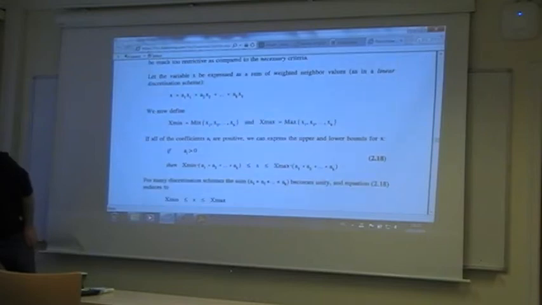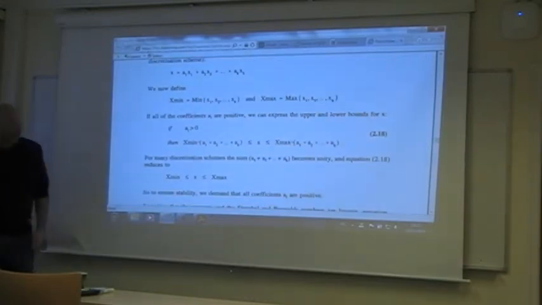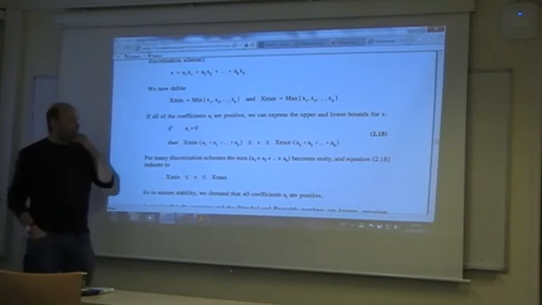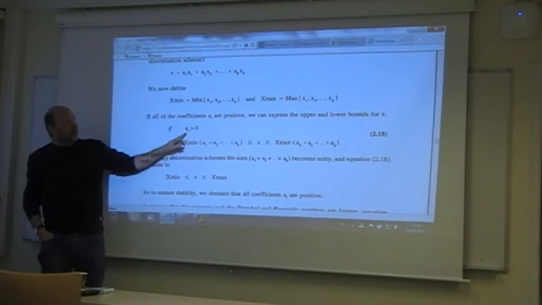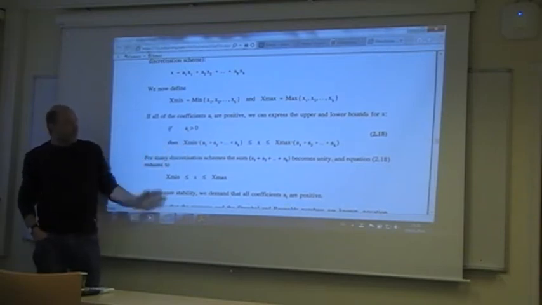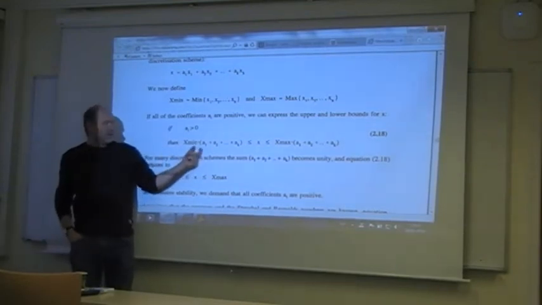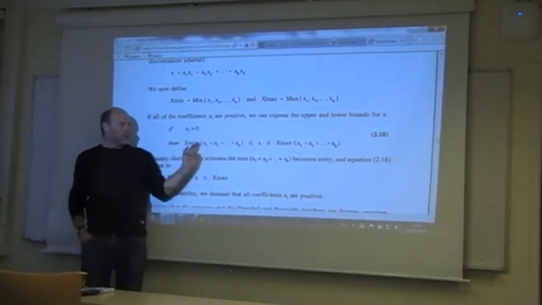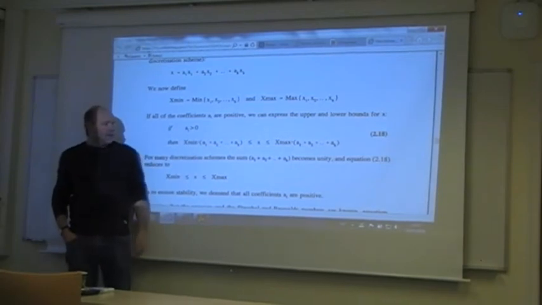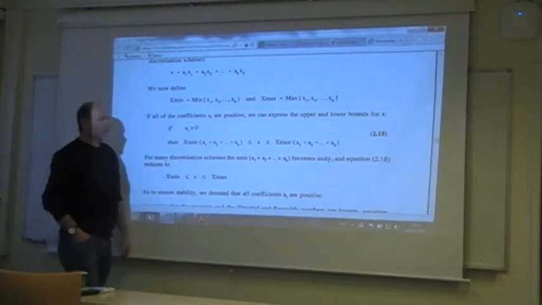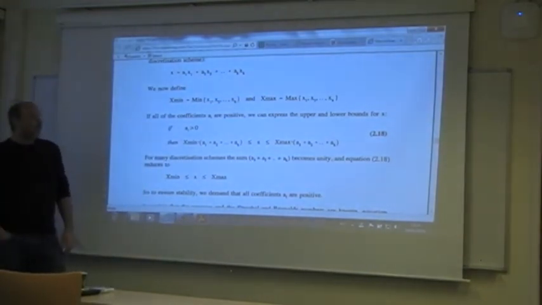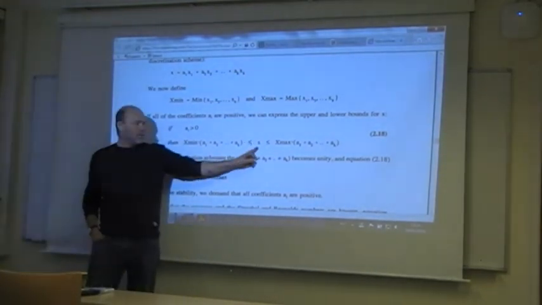Now, to prove that mathematically, we can do the following. If all these coefficients are positive, all of them are positive, then we can write it like this. We take the sum of all the coefficients multiplied with the smallest one, and here the biggest one also multiplied with the sum of all the coefficients. Then we know for a fact the new one is going to be in between here.